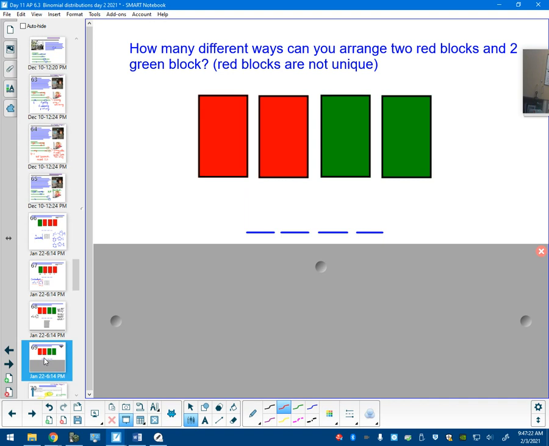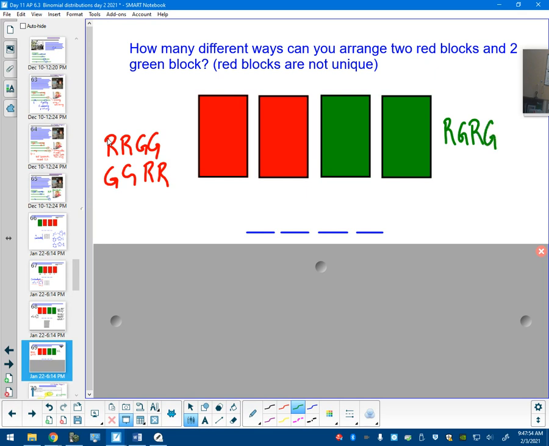Anybody have the answer to this? Thank you, Natalie. Close. So we have red, red, green, green, right? There's one of them. So I could also do what? Green, green, red, red. There's 2. Natalie, what's another one I can do? You can do red, green, red.